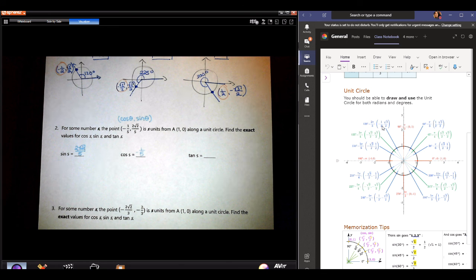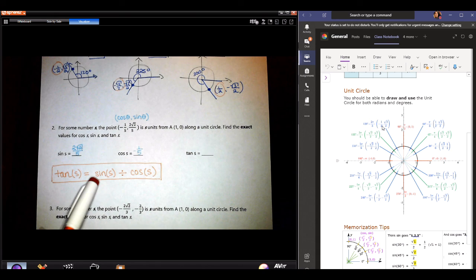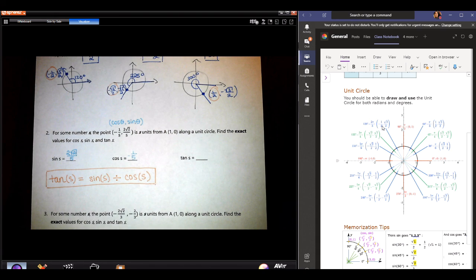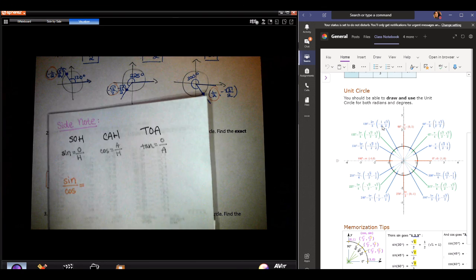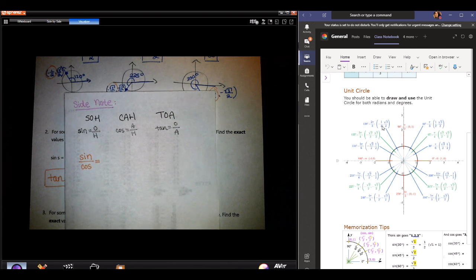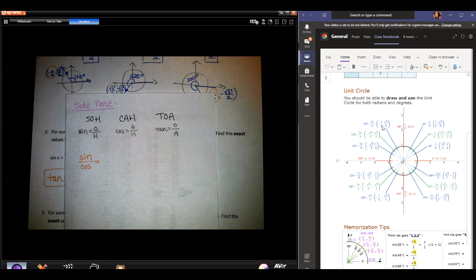Now the tan is the tricky one. There's no obvious answer right here for what the tangent should be. To do that, we're going to use a very simple equation. An easy way to double check that is, remember SOHCAHTOA, good old days.